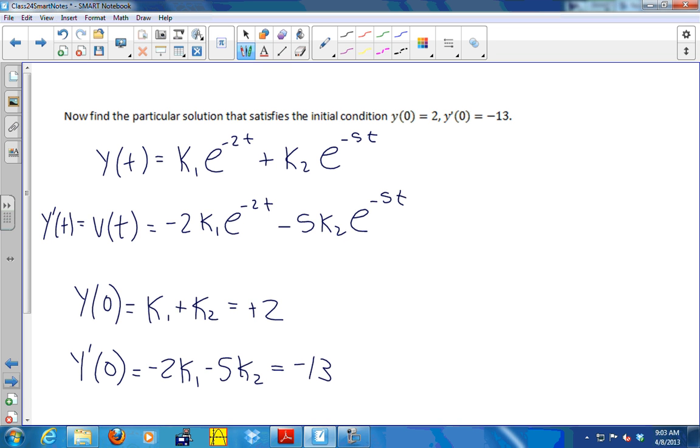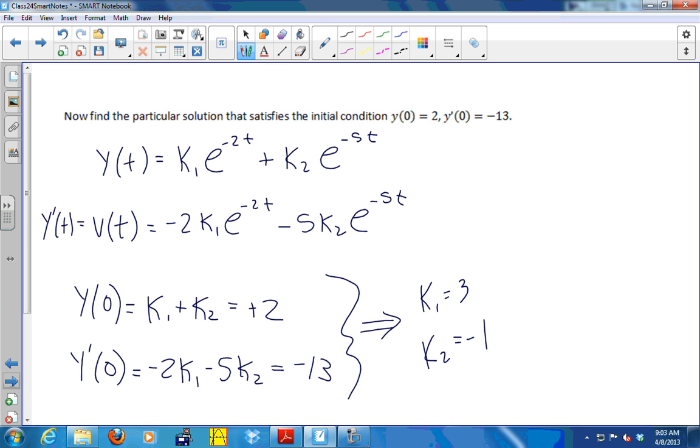We solve this system by whatever method you like, substitution, and you get k1 equals 3, k2 equals -1. And then you would plug back in. You'd have to take these k's and put them in here, and that would be your answer.